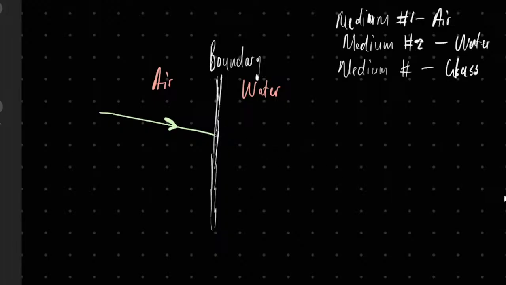So it will either do this or it will do this, but it won't continue straight. This is what it would have done if it had continued straight. You should put what it would have done. But it will now go like this, or it will now go like this. Some form of bending.